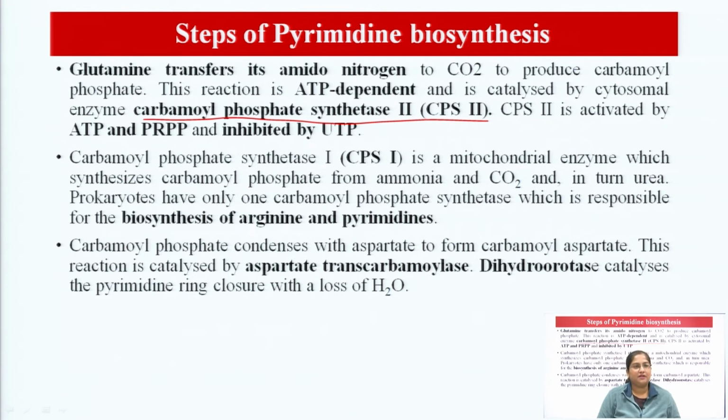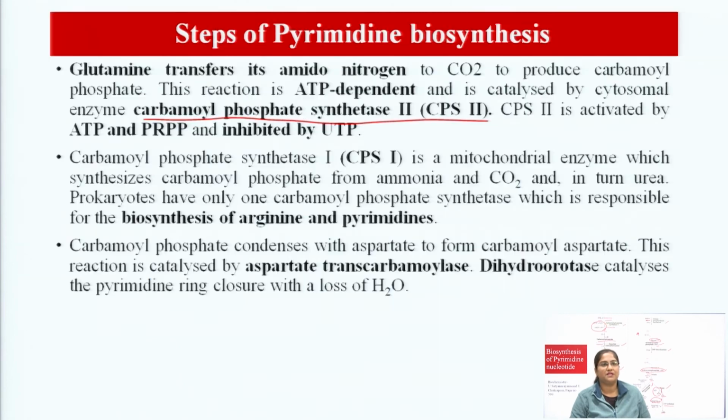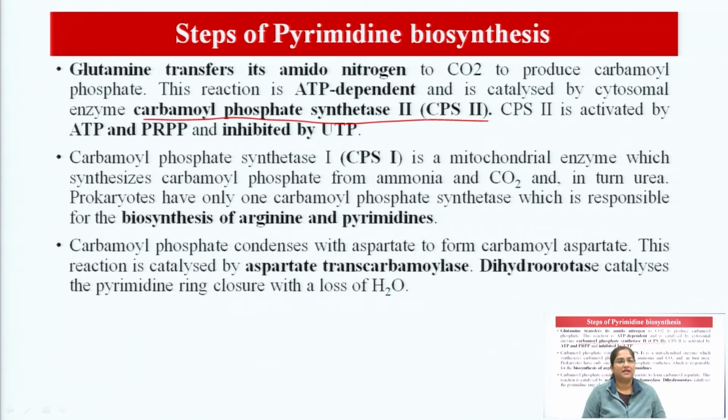CPS2 is activated by ATP and PRPP. We have studied PRPP earlier, that is phosphoribosyl pyrophosphate, and it is inhibited by UTP. That means once we have our UTP, we have completed our reaction, and there will be a limit on this particular enzyme CPS2, with feedback inhibition happening here.